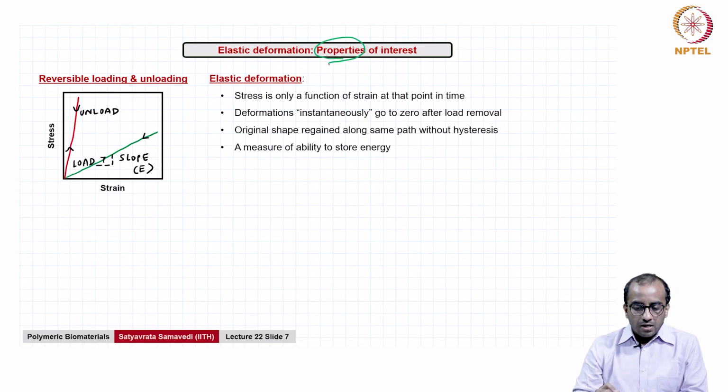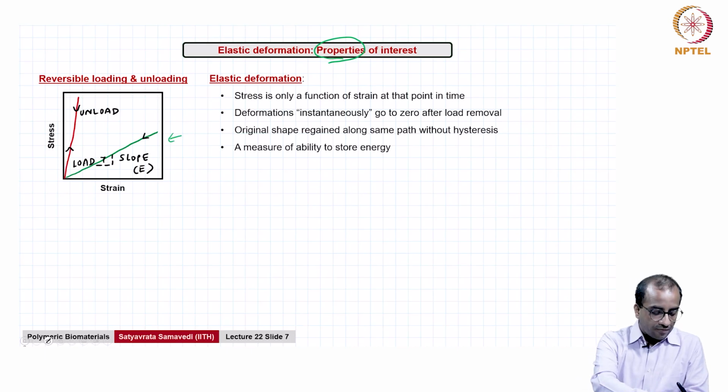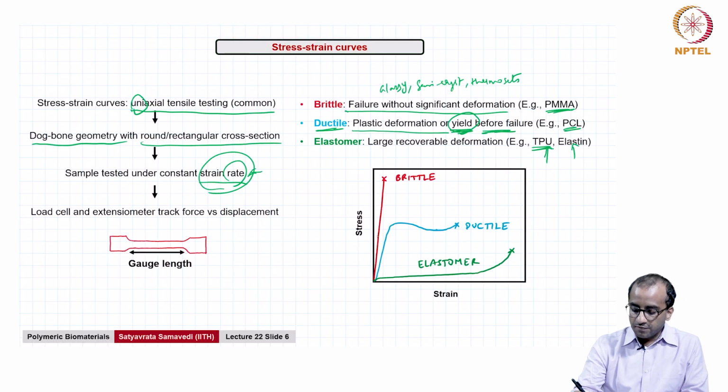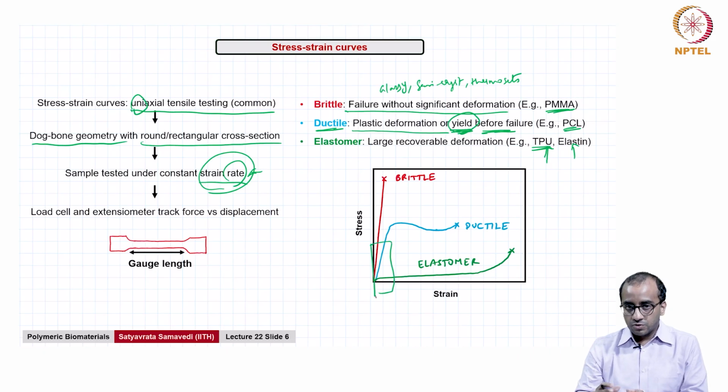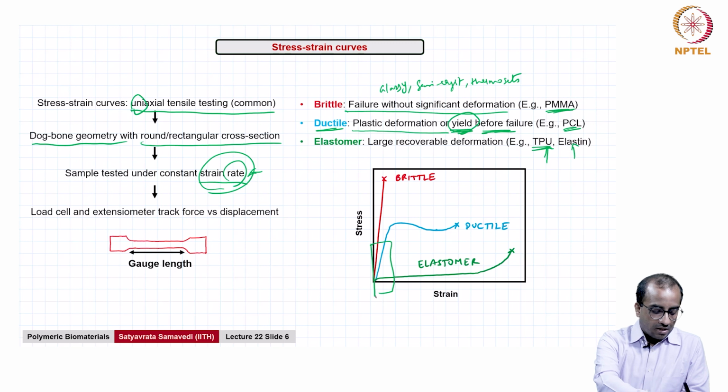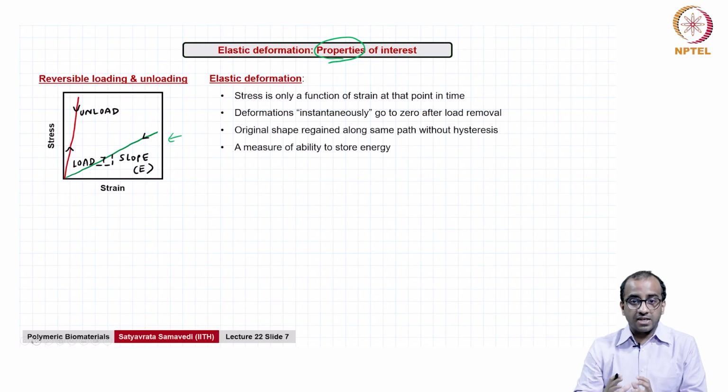Now, first thing to think about is what do we mean by elastic deformation, right? Shown here is that first region, the initial region of the stress strain curve. If you just zoom in to this region alone, which is what we would call the elastic region, in the initial low deformation portion of the stress strain curve, we are showing that as a magnified case here, again plotting stress versus strain.